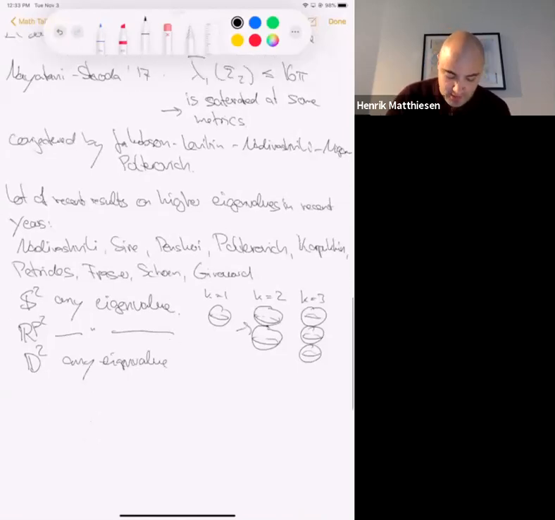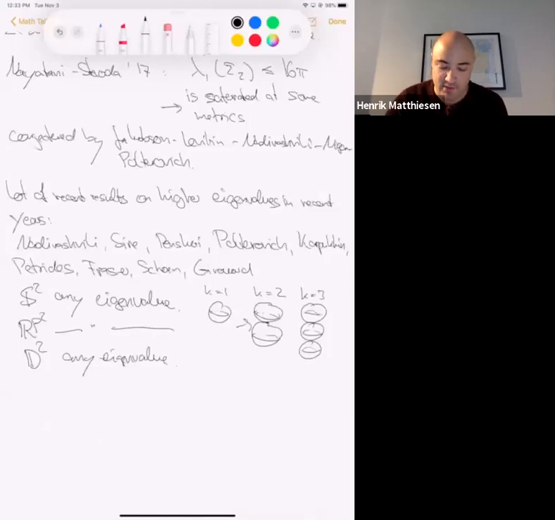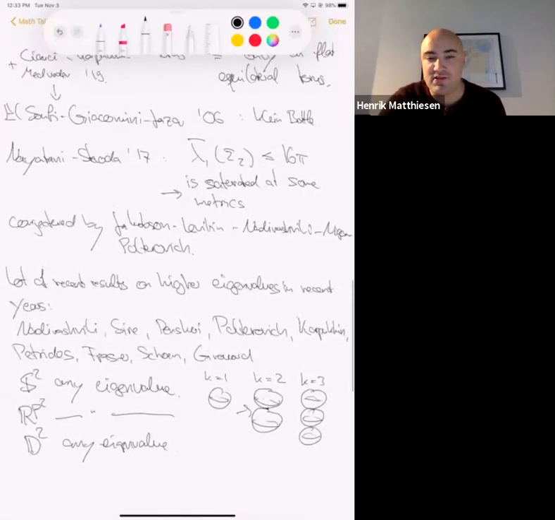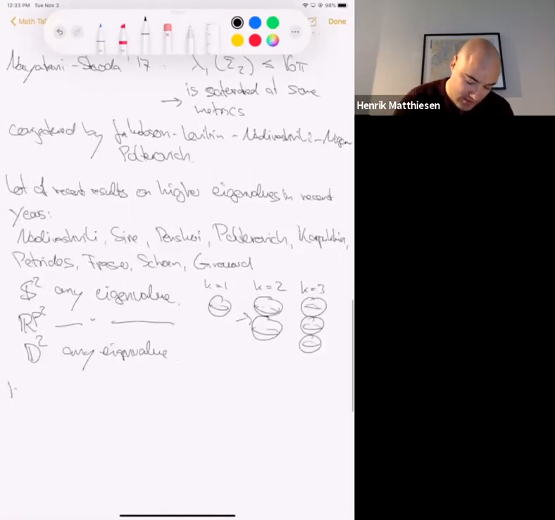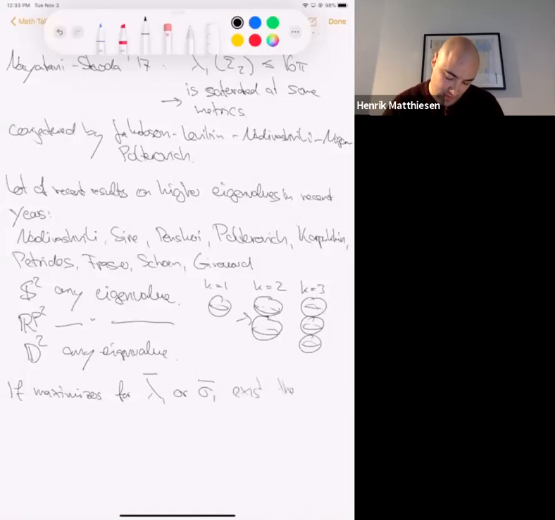Okay. So now, let me talk a bit about an answer to this rigidity question. So if maximizers exist, say for this lambda 1 bar or sigma 1 bar, they are induced by certain minimal surfaces.